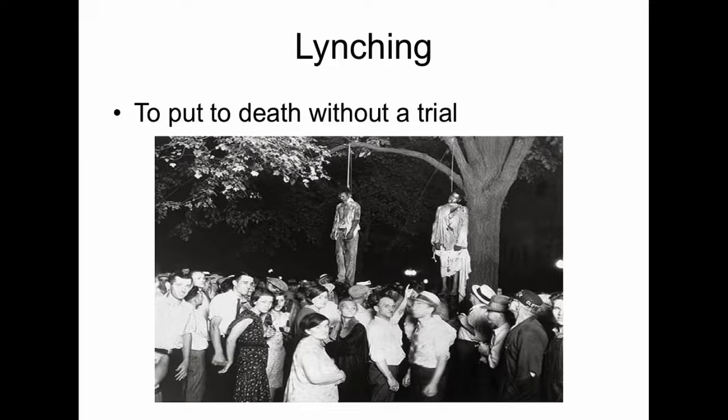Ultimately, over the course of time, we will see the level of violence in the Klan continue to grow until ultimately we see examples of something called lynching. And lynching is when a person is put to death without a trial, and the Klan becomes famous for lynching, taking a black person and using that person as an example to the population.